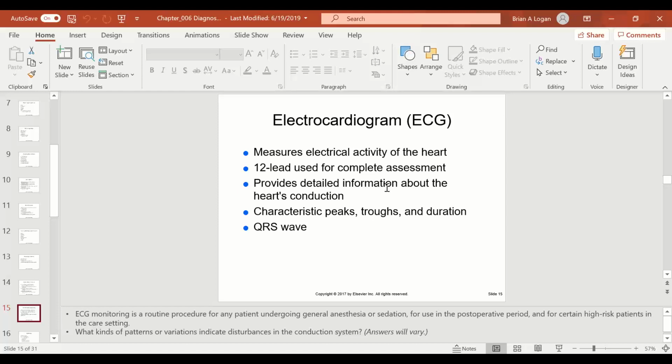This is where all those QRS waves come in. Most OR nurses hate having to take ACLS because it's so difficult to look at these patterns and figure out what's going on, because a lot of them look kind of similar. So you got to be able to know where to pick out your differences.